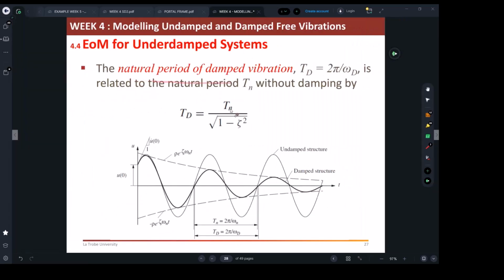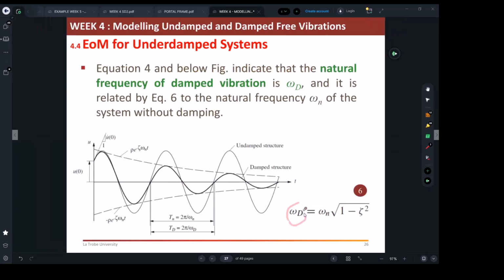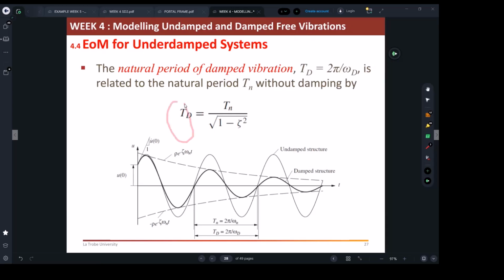Again, the natural period of the vibration, it's not only about the frequency, we can also calculate the damped natural period, which simply comes from dividing the original natural time period by this square root, which again is a function of the damping ratio, and you can compare the differences as well.